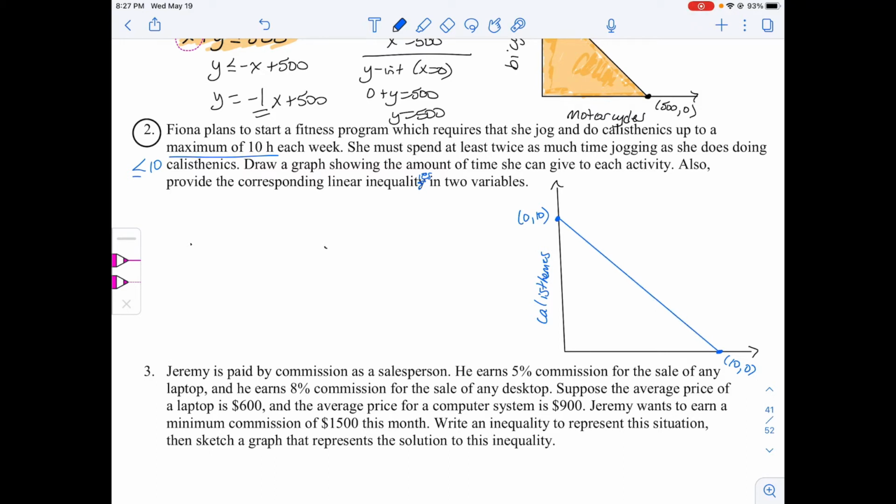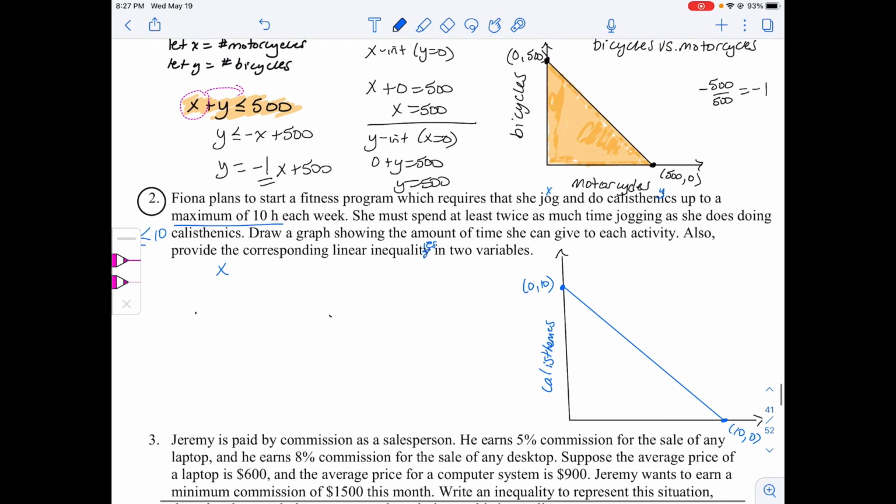The inequality itself, the equation, would be x... I guess if we say jogging is x and calisthenics is y. We probably should define those variables, so let's write those down. Let x equal jogging time, and let y equal calisthenics time.